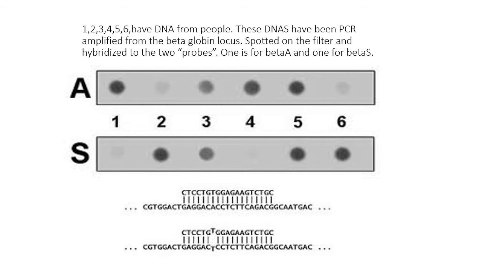The A refers to the fact that this filter was hybridized to a radioactive oligonucleotide 19-mer probe that exactly matches the wild-type allele. So that oligo is expected to detect the wild-type allele in the person's DNA if it's present. The second filter, labeled S, is the one that matches the mutant allele, and so that's going to detect the presence of that allele in any person that has it.